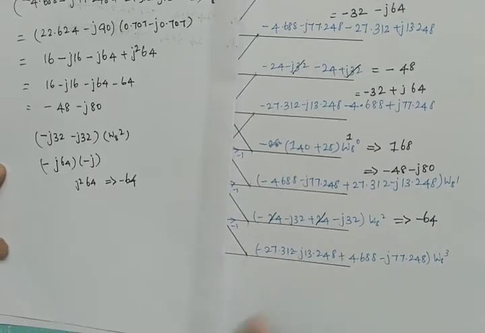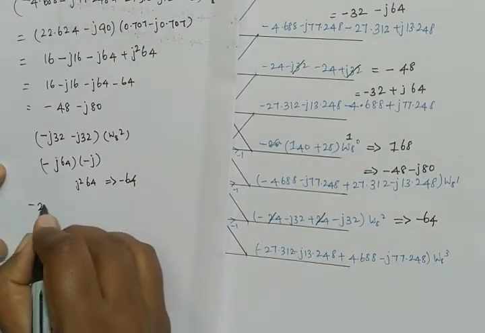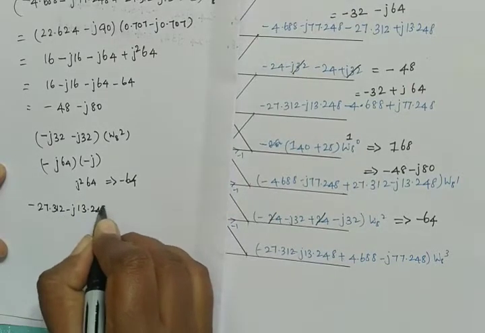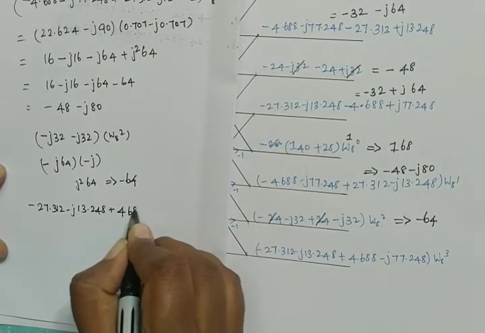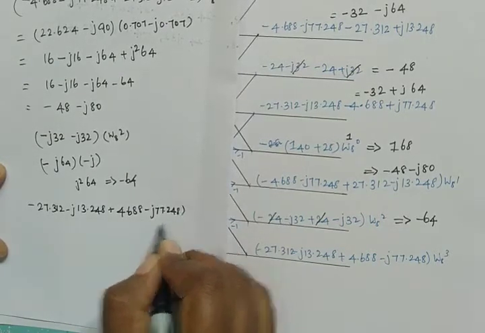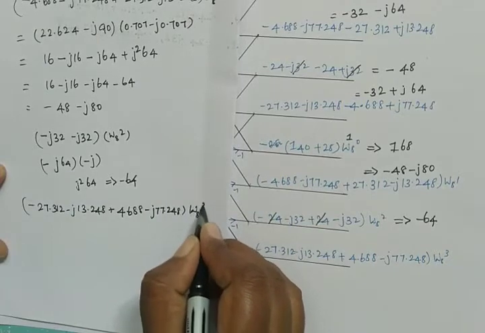Then the final one, that is minus 27.312 minus j 13.248 plus 4.688, this point, minus j 77.248 into W8 power 3.